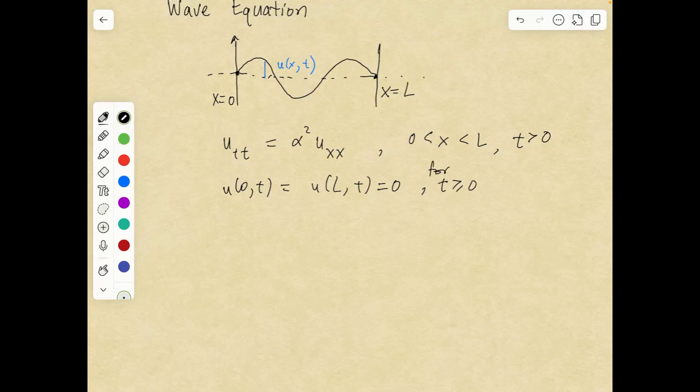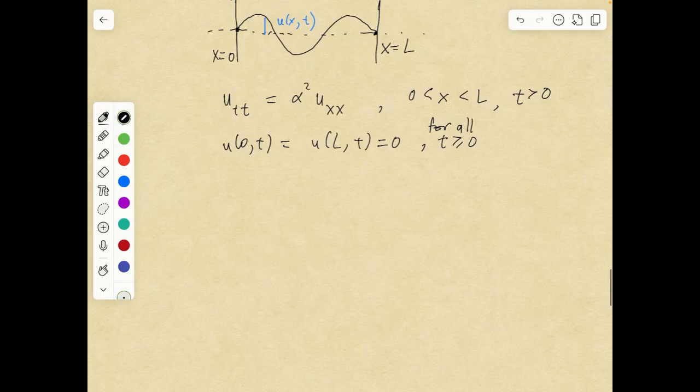Okay. And that's the basic setup. So this first equation, that's called the one-dimensional wave equation.